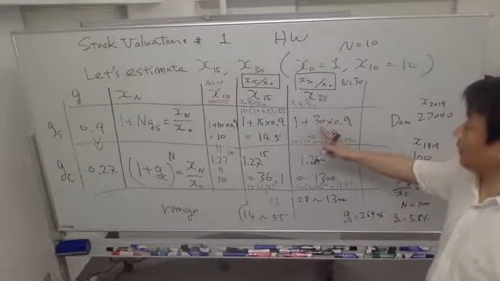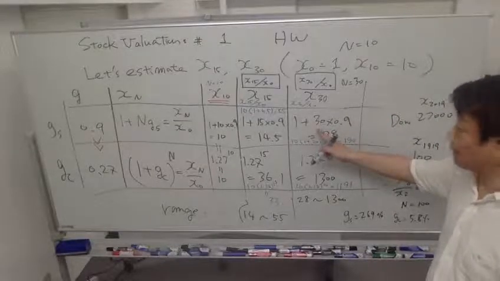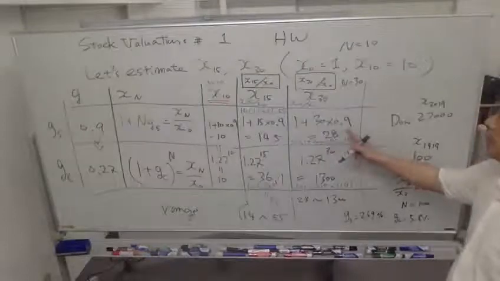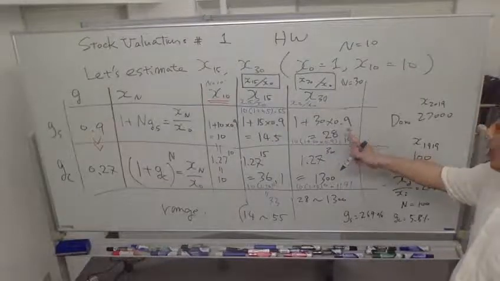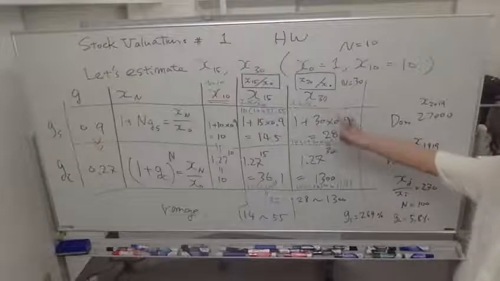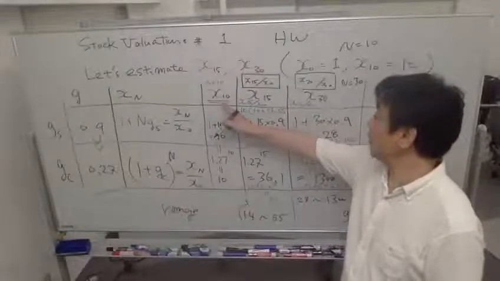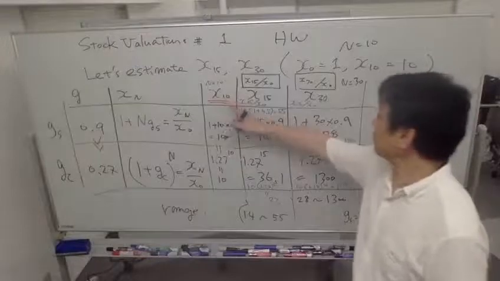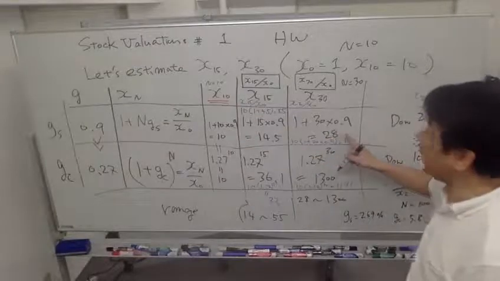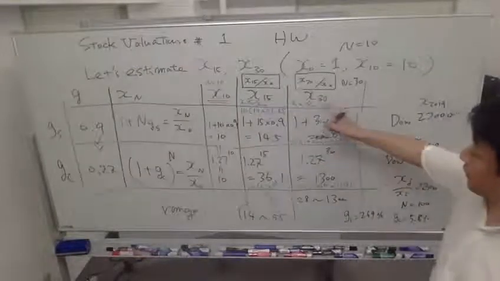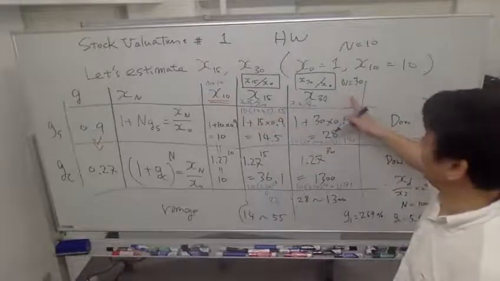Putting n equals 30 into the formula with GS of 0.9, we get 28. So the value would grow from 10 to 28 in 20 years, right? In 20 years.